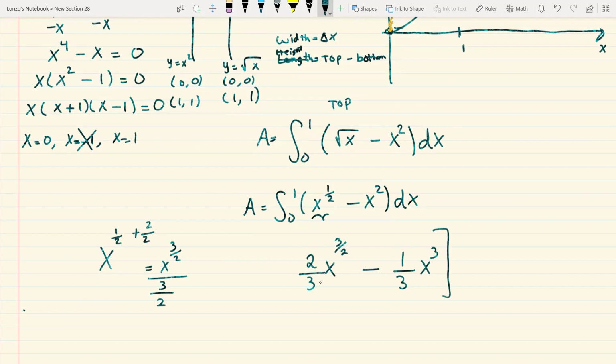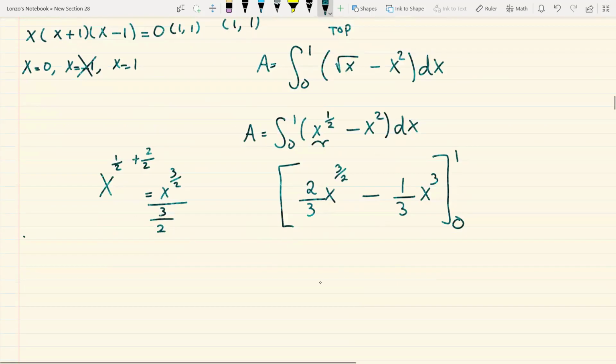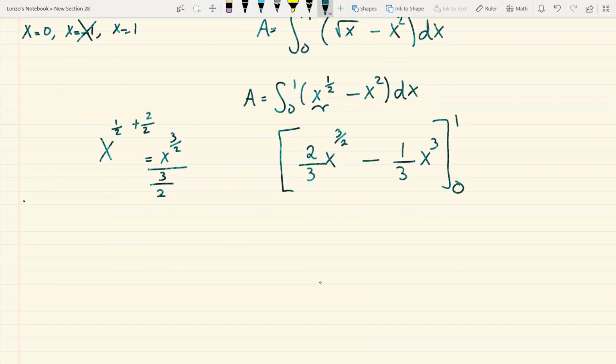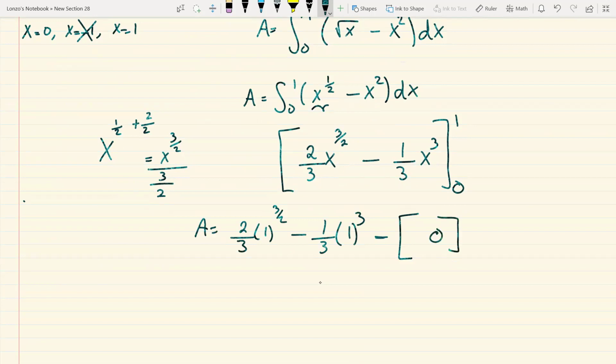And then we just take the boundaries. Here's 0 and here's 1. So you do the fundamental theorem of calculus: the upper boundary minus the lower boundary. So it's going to be 2/3 times 1 to the 3/2, minus 1/3 times 1 to the 3rd, minus the bracket at 0. This is easy. Putting in 0 is 0, and 0 minus 0 is just 0.